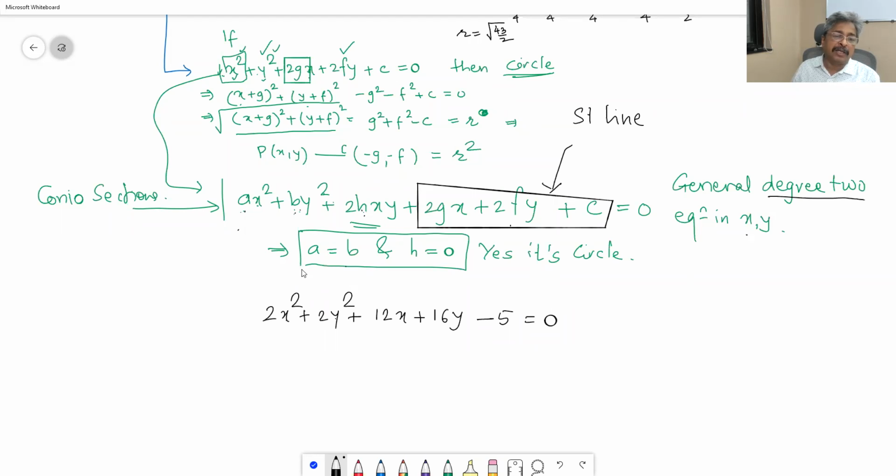It is a circle if a is equal to b and h is equal to 0. Is it happening in this particular numerical I have given? Yes, a is equal to b is equal to 2 and there is no xy term, that means h is equal to 0, right? So let us check if we can complete the square and find the center and radius of this circle.